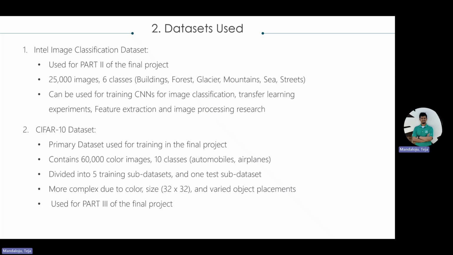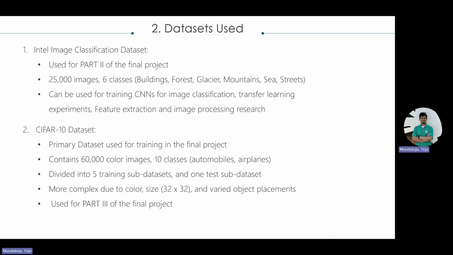The first data set I have used is the Intel image classification data set. That is used for part two of the final project. It has 25,000 images classified into 6 classes: buildings, forests, glaciers, mountains, sea, and streets. So these are the different categories of images present in the Intel image classification dataset.